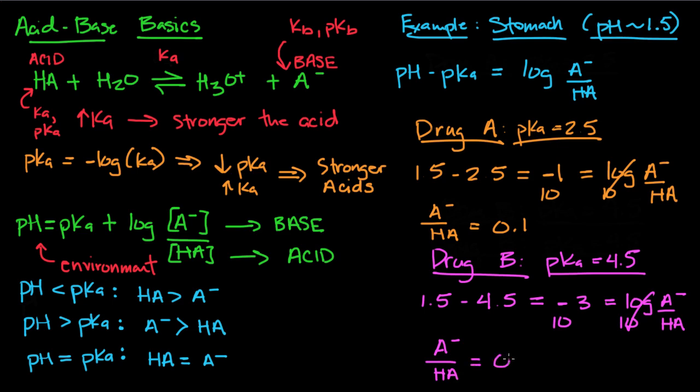So we can clearly see when we compare these two drugs, drug B, higher pKa, weaker acid, look at how much dissociation you have relative to drug A, which has a pKa of 2.5. It's a difference of 0.001 to 0.1. And that's what we expect. Stronger acid, more dissociation, more A minus. Weaker acid, less dissociation, less A minus.